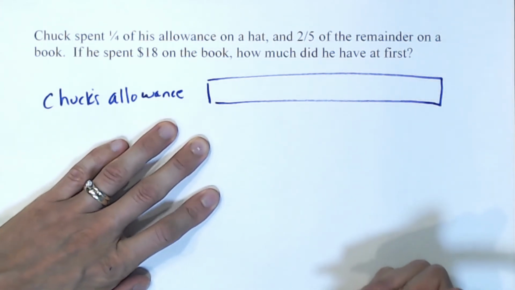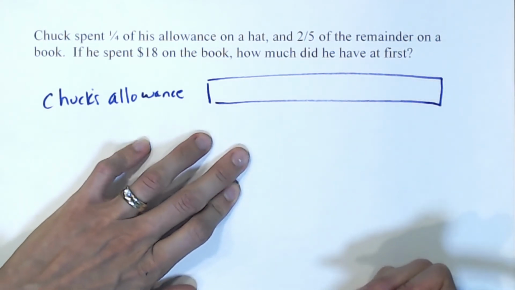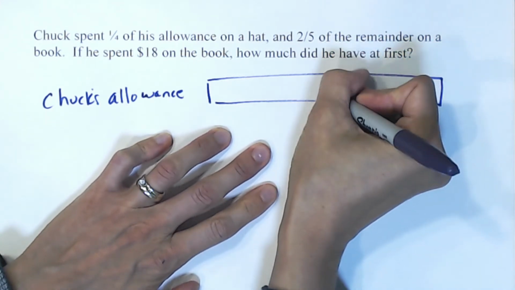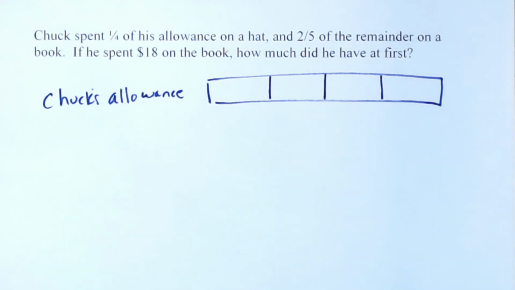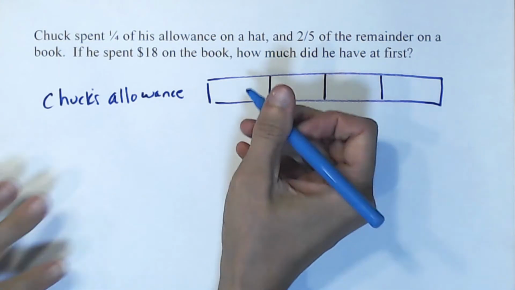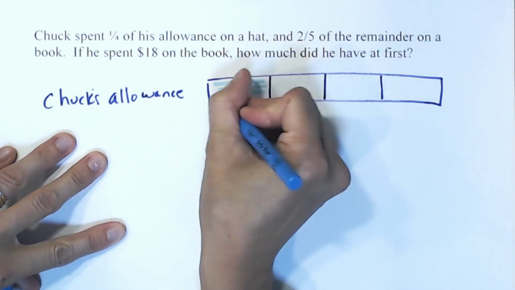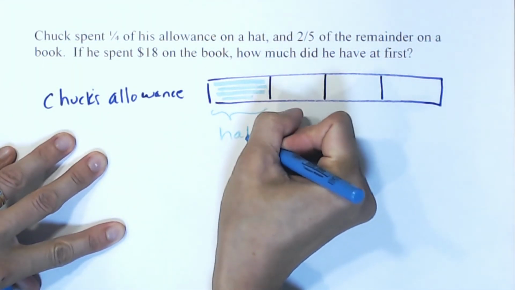And we know that he spent 1/4 on a hat. So I'm going to draw fourths. And I'm going to label 1/4 of that his hat. So this here is what he spent on a hat.